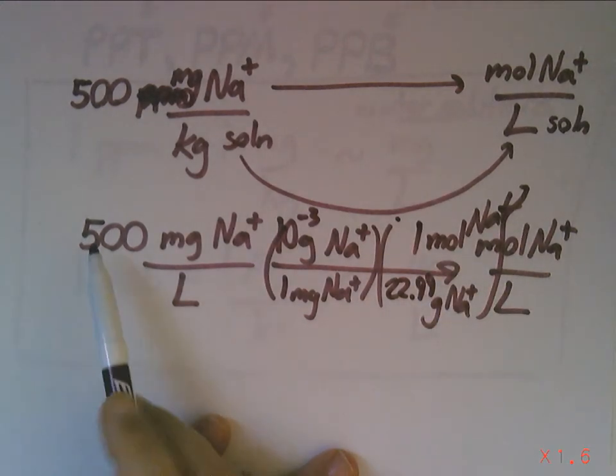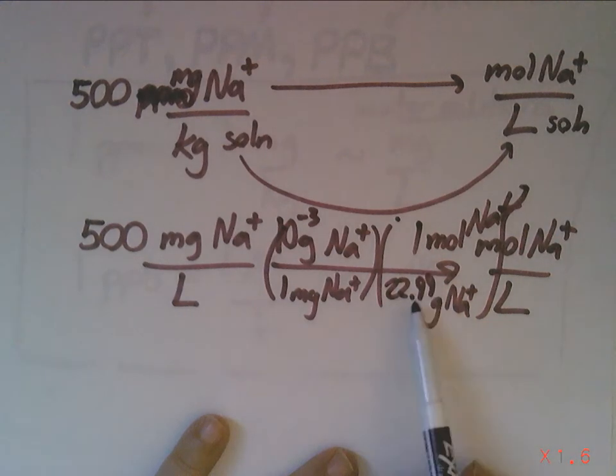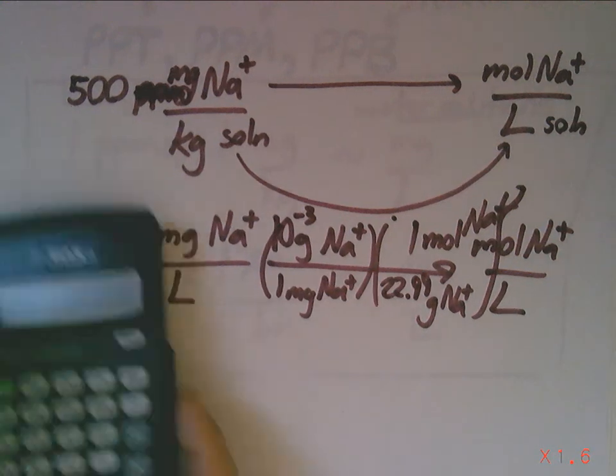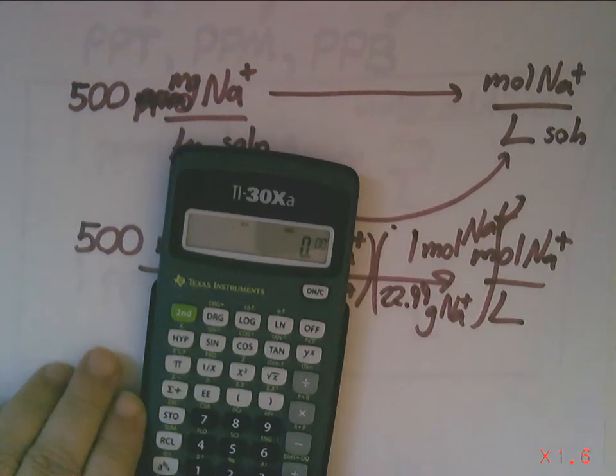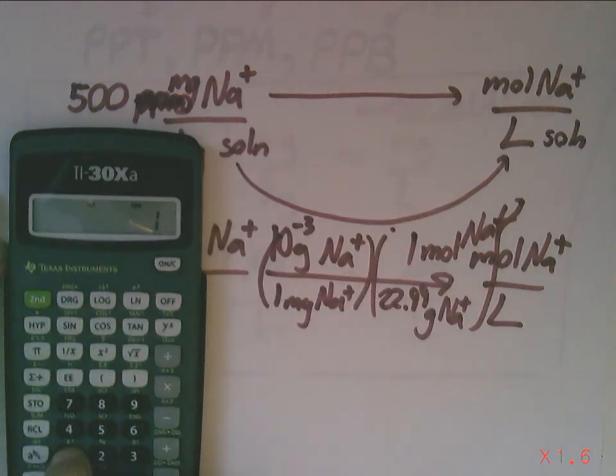So I pick up my calculator now. 500 times 10 to the minus 3, that'll be 0.5. I can do that in my head. 0.5 divided by 23 would be like 1/46. That'd be like something like 0.02 or something. Let's figure it out. 500 times 1 EE minus 3 divided by 22.99 is 2 times 10 to the minus 2.